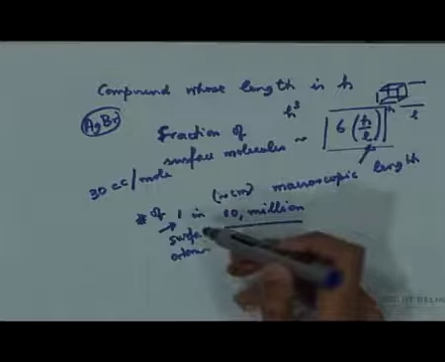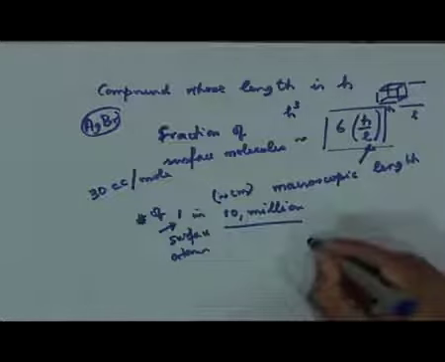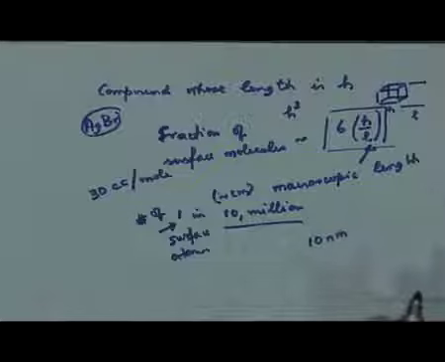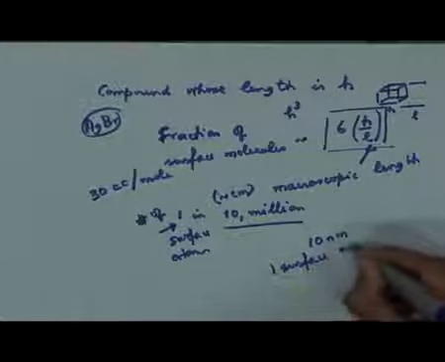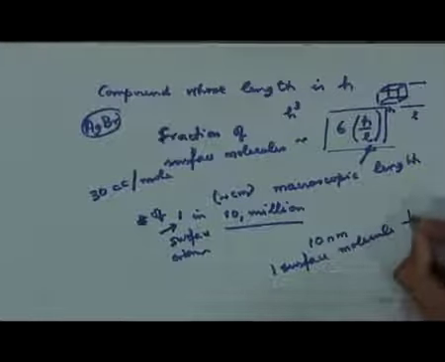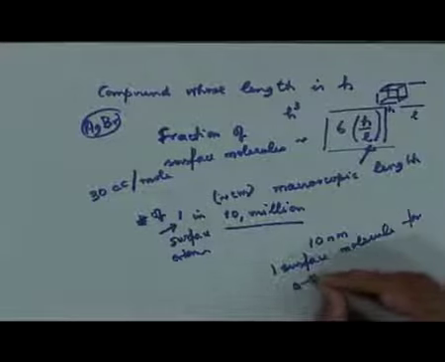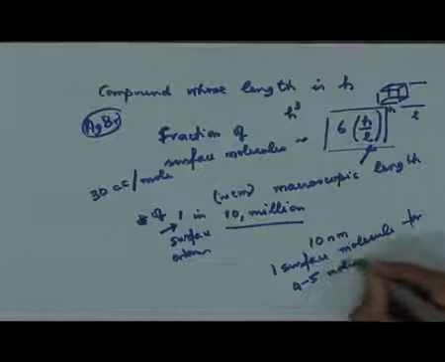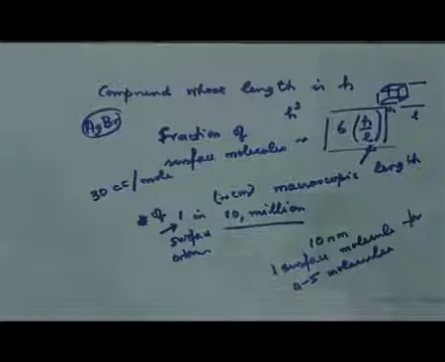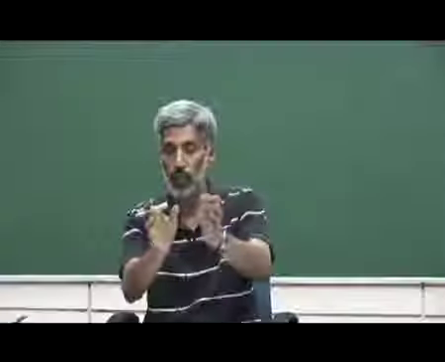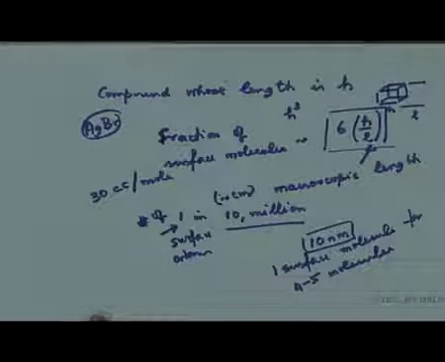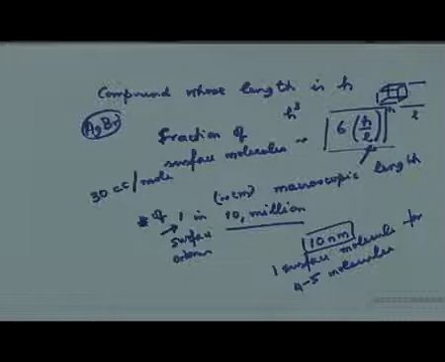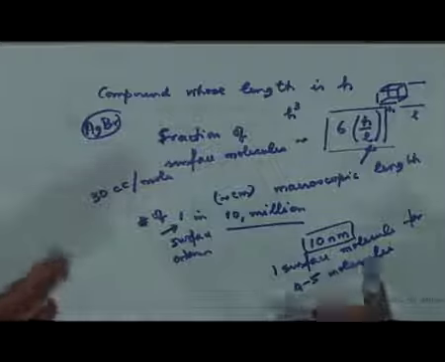So, the fraction increases, and when you reach about 10 nanometers, you will find that you have 1 surface atom or molecule for every 4 or 5 molecules, which means that 25% of the molecules in a cube of 10 nanometers are surface molecules. So, you now realize the importance of a surface molecule as the size drops.